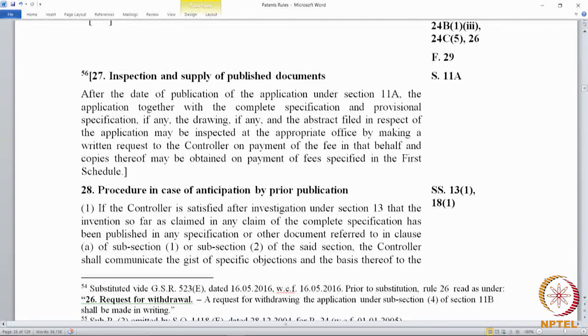There is no specific form to be used when a request for information under section 153 read with rule 134 is made, but the fee structure is defined in entry 44 of the first schedule. That is the reason rule 27 mentions the making of a written request. So, it is a written request with the payment of fee, and the payment of fee is mentioned in entry 44 of the first schedule of fees.